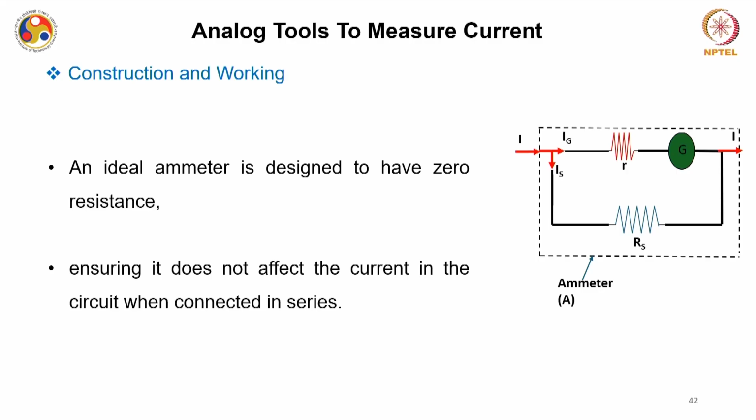However, this basic configuration, like how they are connected and how a galvanometer can be converted to an ammeter, and similarly the concept of RMS current or DC current, these concepts are very much essential to understand those things. So we may not be discussing the same thing again and again.